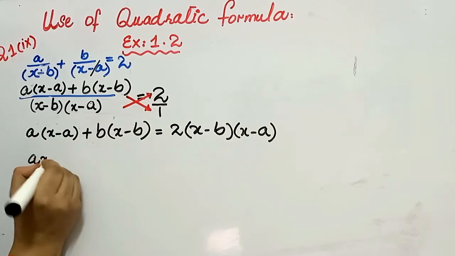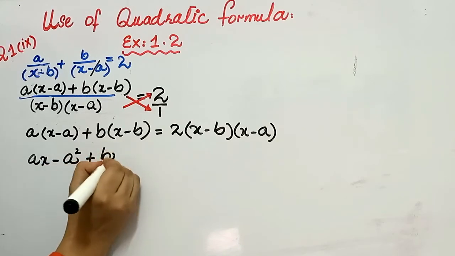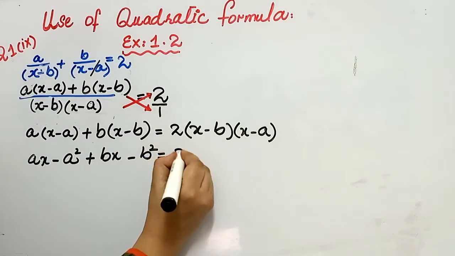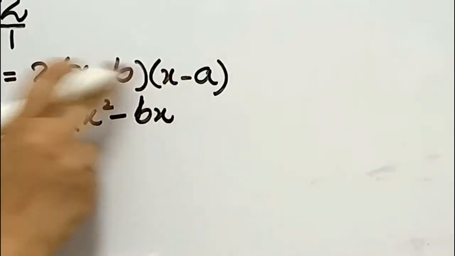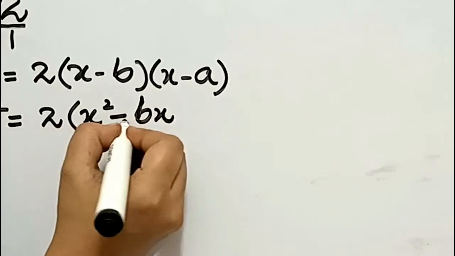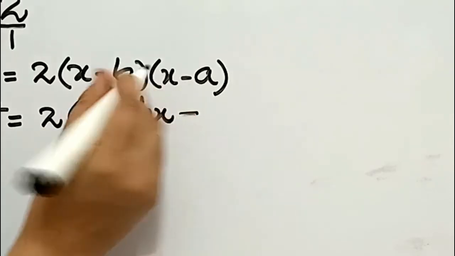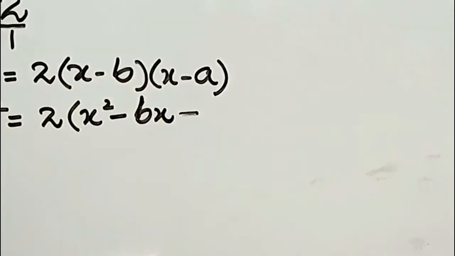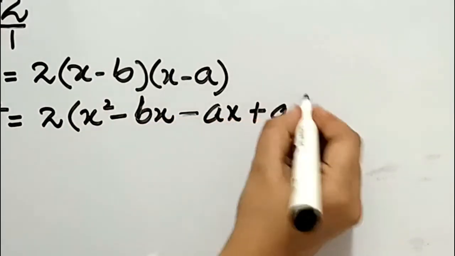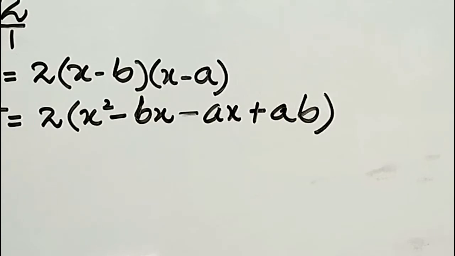It will be ax minus a square plus bx minus b square is equal to, so let's multiply these both two expressions. So it will be x square minus bx minus ax plus ab.